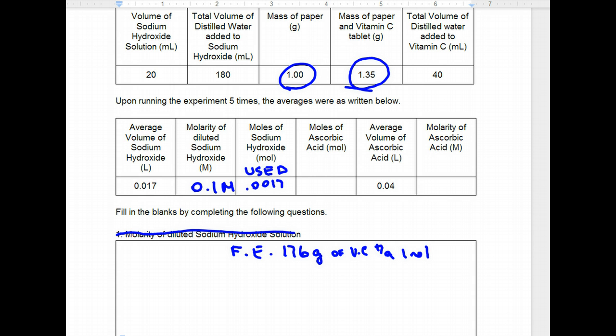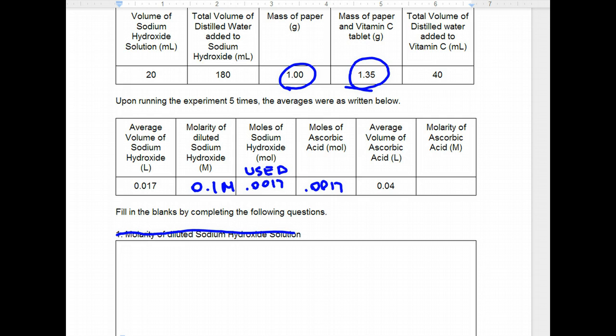And we're trying to figure out how many moles there are based off the fact that we used 0.3 grams. And what we should get when the conversion factor, 0.0017 as the number of moles. And what you notice is that the number of moles of the ascorbic acid is equal to the number of the moles of the NaOH. And this makes sense because it's a 1-to-1 ratio in the actual equation.